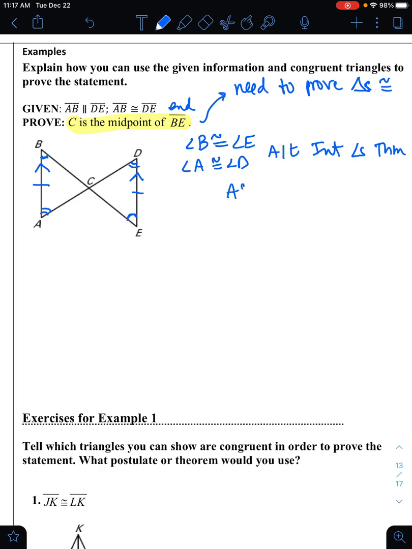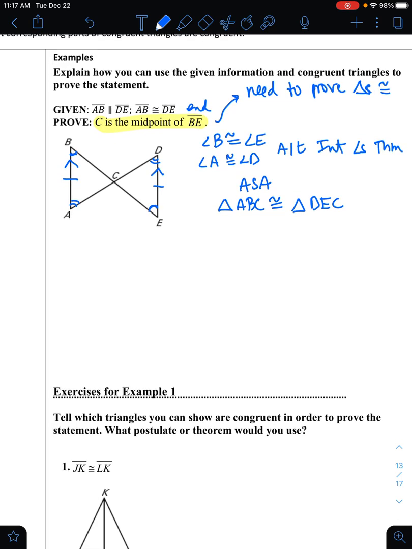I should actually be a little bit more precise: I just proved that triangle ABC is congruent to triangle DEC by ASA.